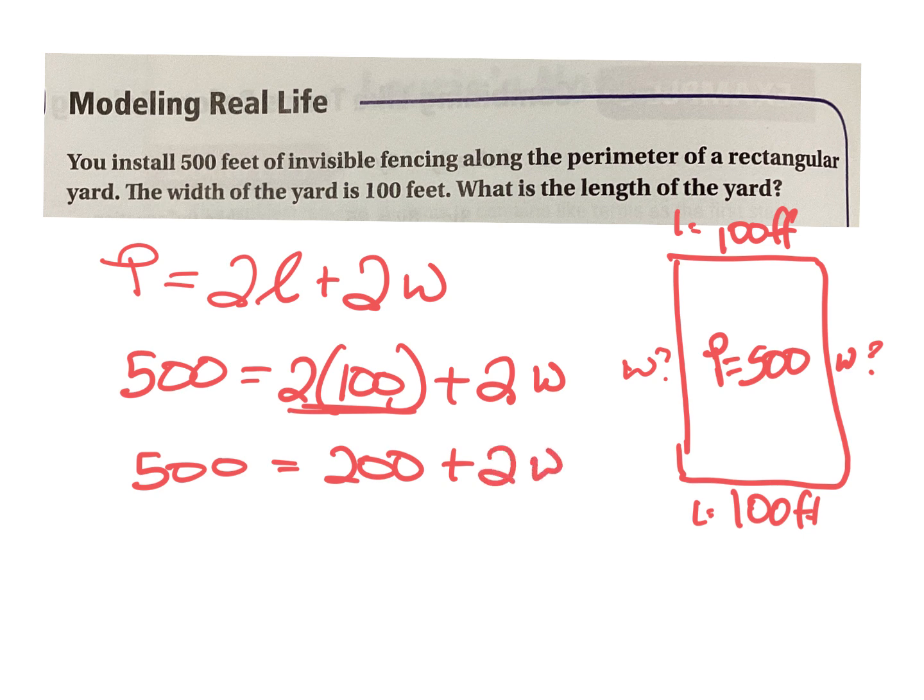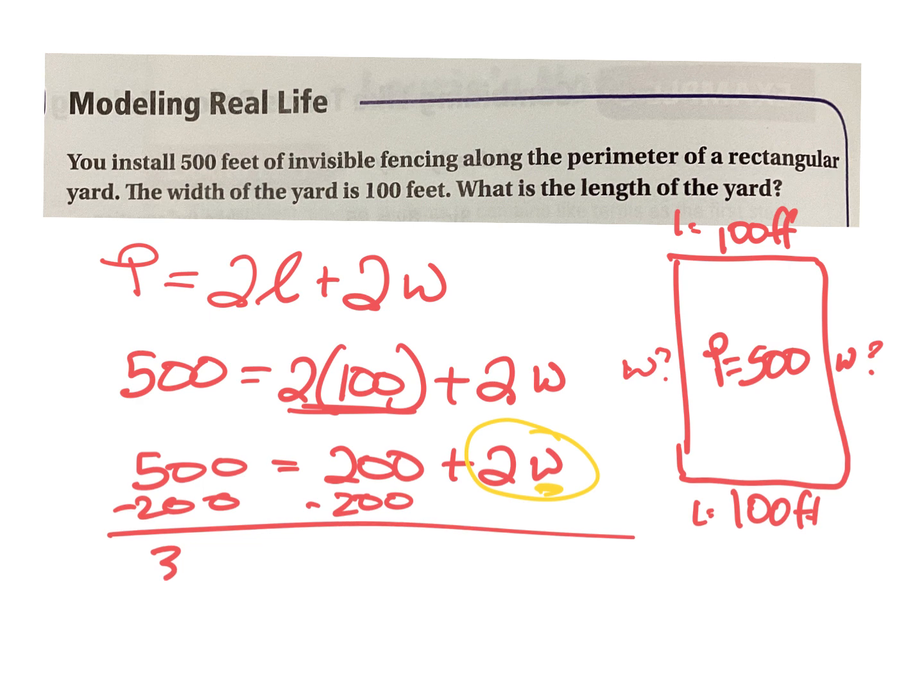Now, I want to find what this w is. Let's get all of this by itself first. So I'm going to get rid of this 200, minus 200 on this side, minus 200 on this side. That gives me 300 equals 2 times the width.